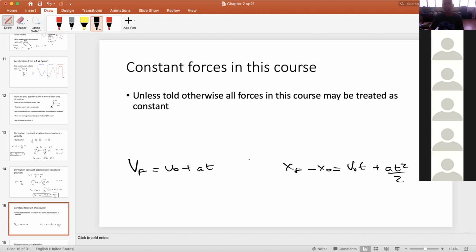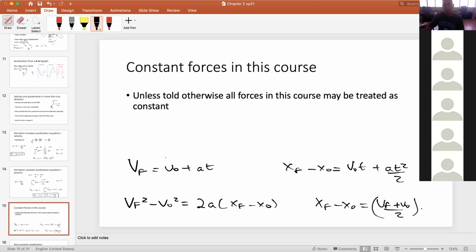We can actually substitute in for v initial here and manipulate these in a little way, and I'll show you why we're going to do that in a minute. I urge you to do this for yourself at some point. And then there's one other one that we can get by just doing a bunch of algebra. And I'll talk about why we have these four. So we have these four.